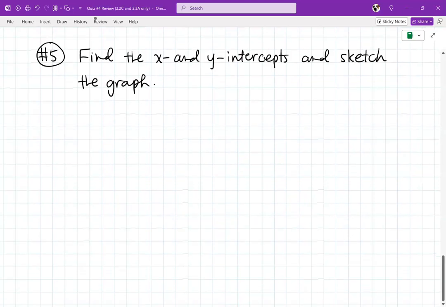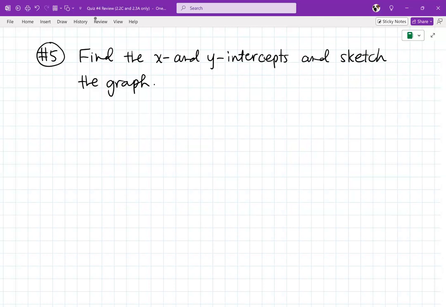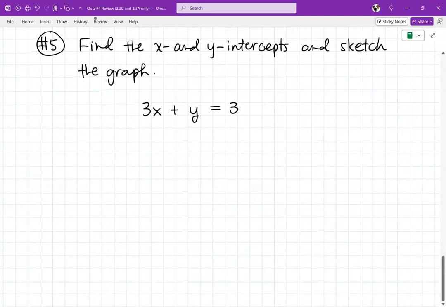Okay, so here's the equation for you guys. Let's go with that one. We are going to have to sketch it, so I'm going to make a real quick grid on the side.